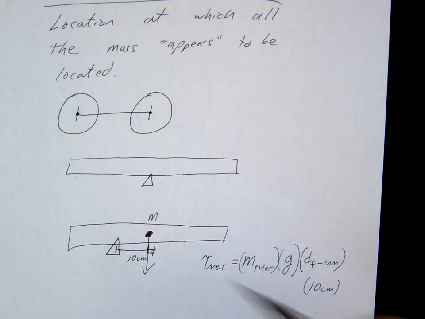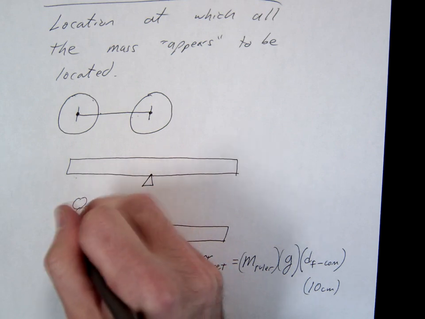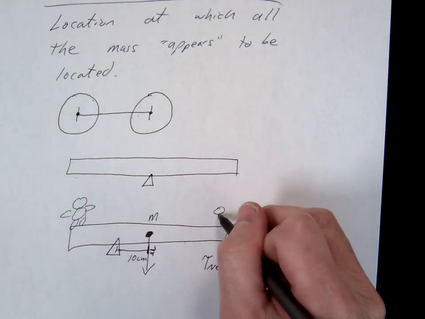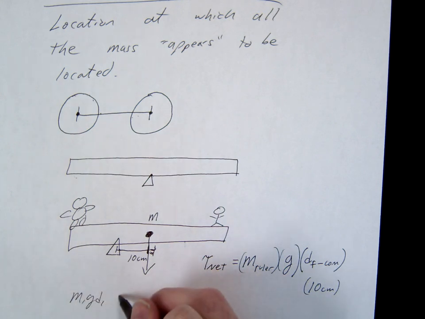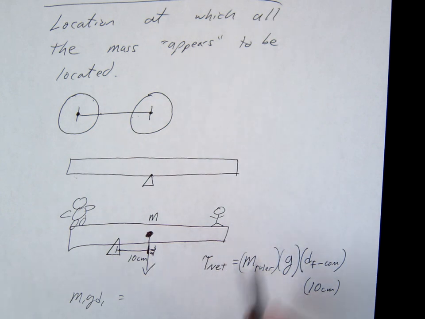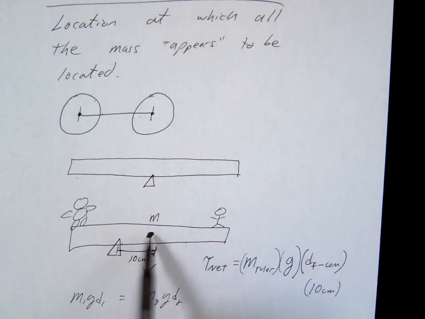Okay, so for example, if we had two masses, we had Dad over here, we had little guy over here. To set this up and solve it, we wouldn't just simply go m1g d1 equals m2g d2, because there's a third torque, and the third torque's coming from the ruler.